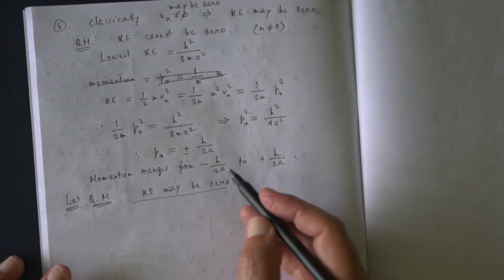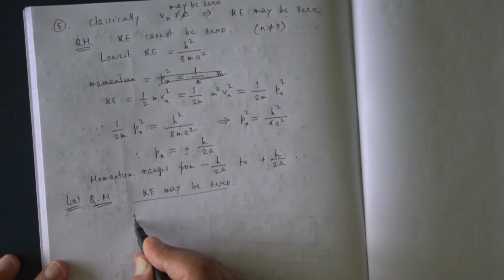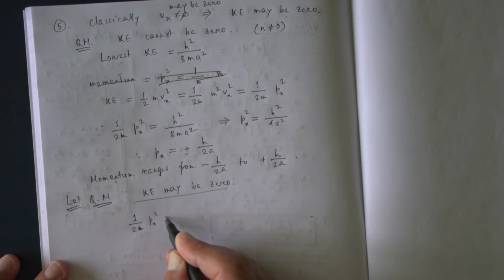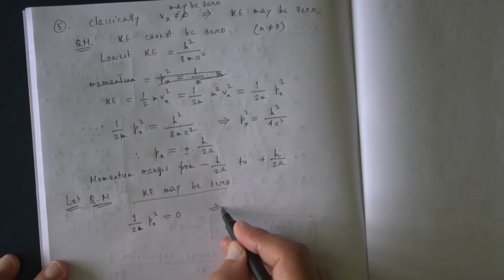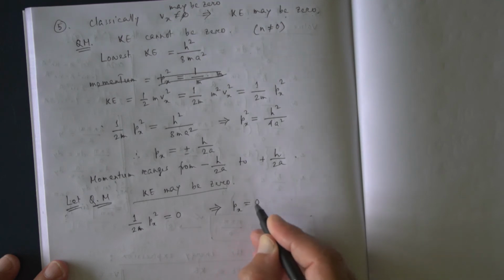In that case, what will happen? px square is zero, that means momentum will be equal to zero.